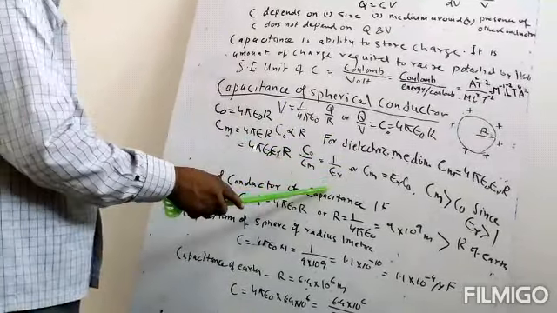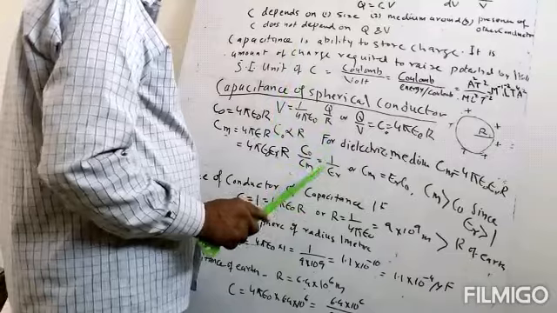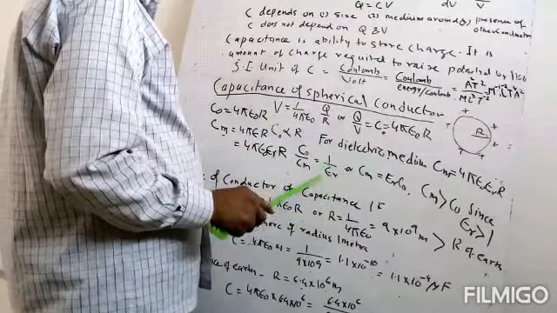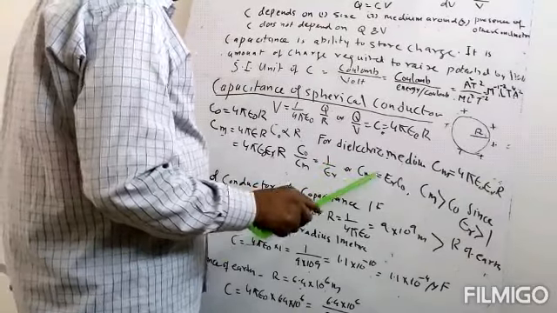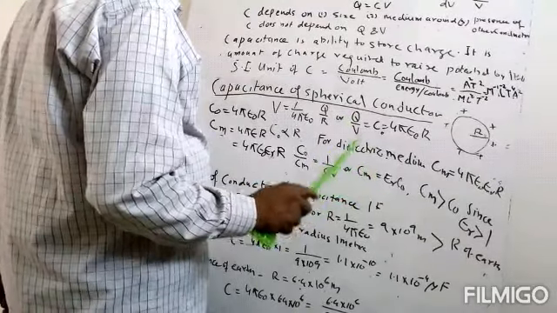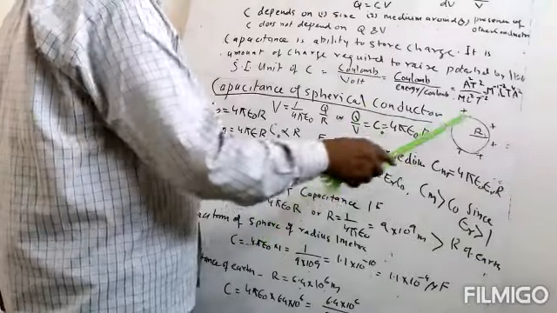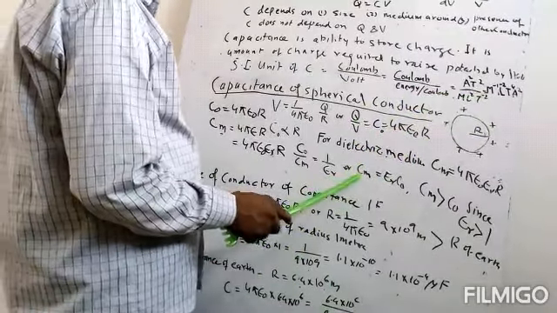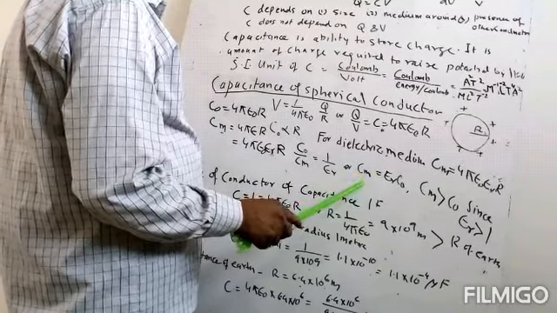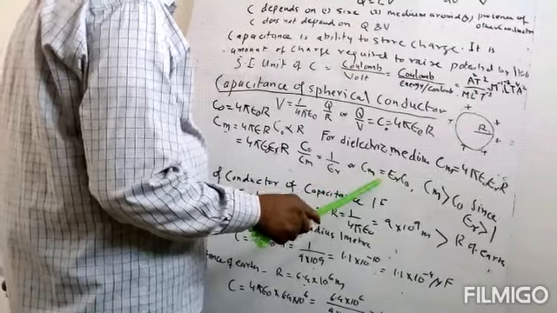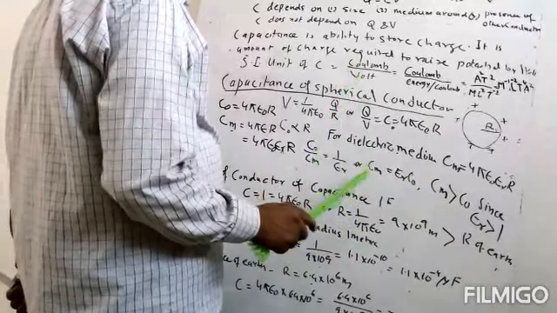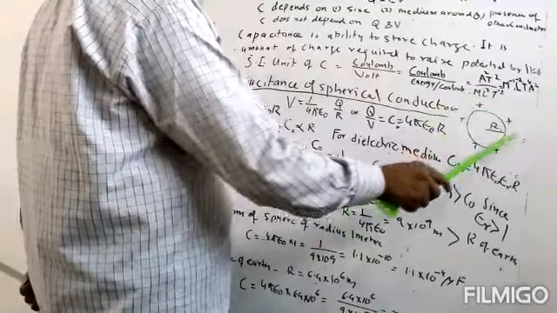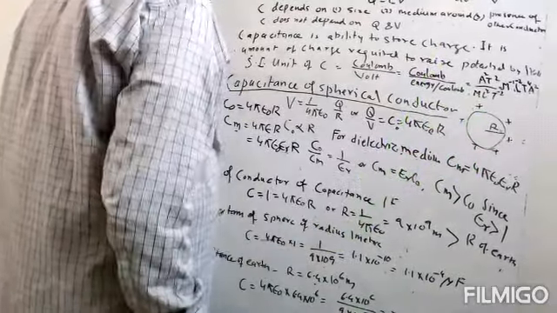Since the value of the dielectric constant for any dielectric is more than 1, the capacitance of the conductor when the outer surrounding medium is there will be epsilon R times, meaning the capacitance will increase if a dielectric medium is surrounding it.